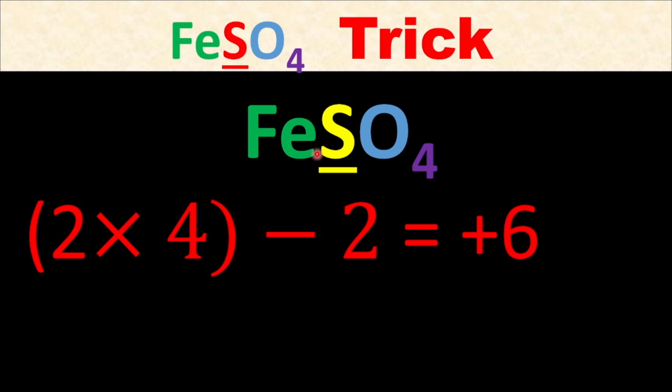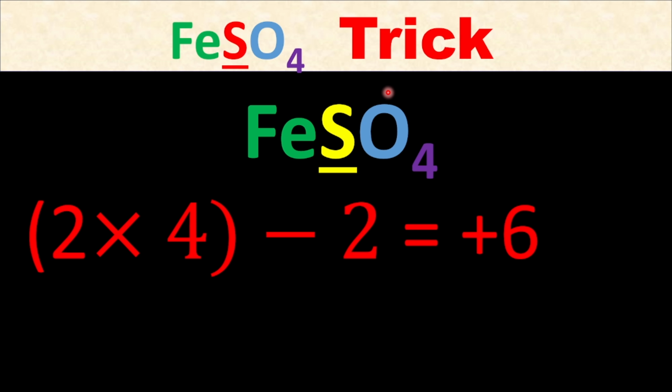So S, O here is a radical. What is the charge? That is minus 2 here. And as you will see, we don't have any number here, and we don't have this SO4 in a bracket, which means that if this is minus 2, then the charge of Fe is also 2. That is why there is no number crossing. So that is 2 times 4 minus the 2 here, which will give you plus 6.